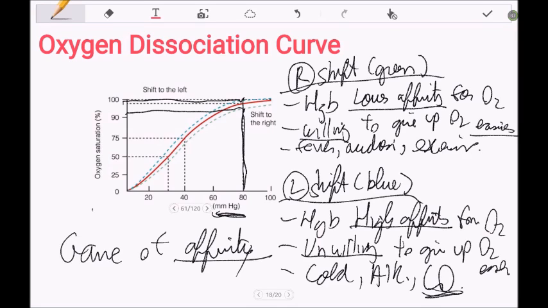Carbon monoxide increases the affinity of hemoglobin for oxygen, and therefore it does not release it easily. For that reason, people with carbon monoxide poisoning have normal O2 sats because their hemoglobin is saturated. It's just that it's not releasing the oxygen for the cells. Therefore, your cells starve to death, and people die from that.